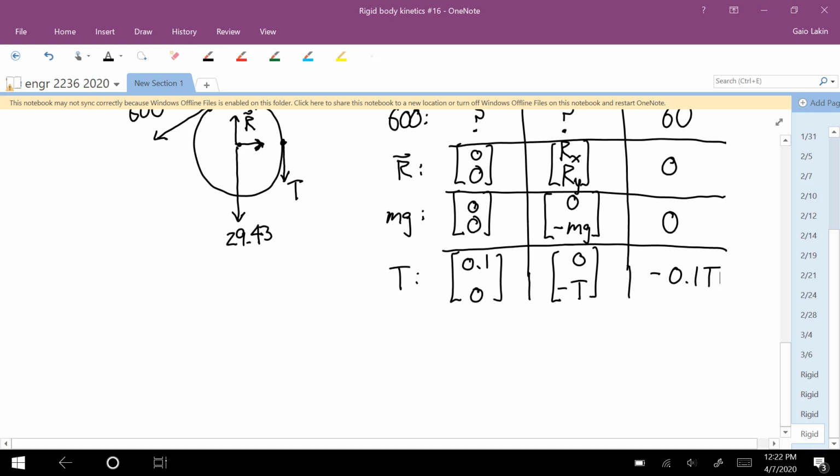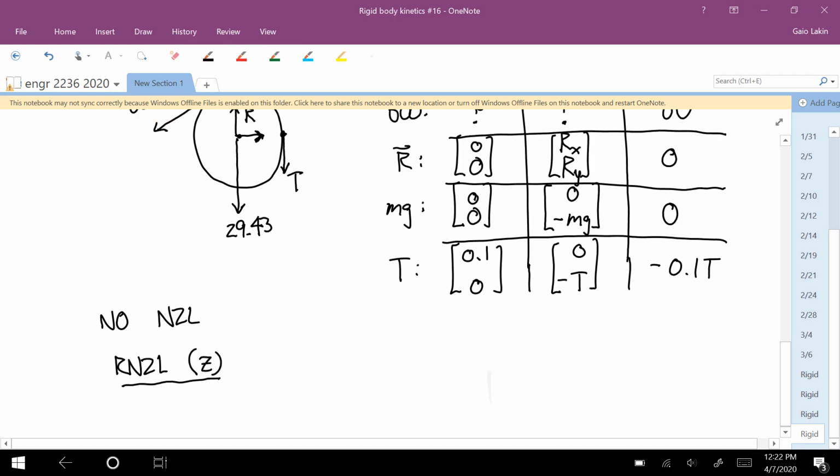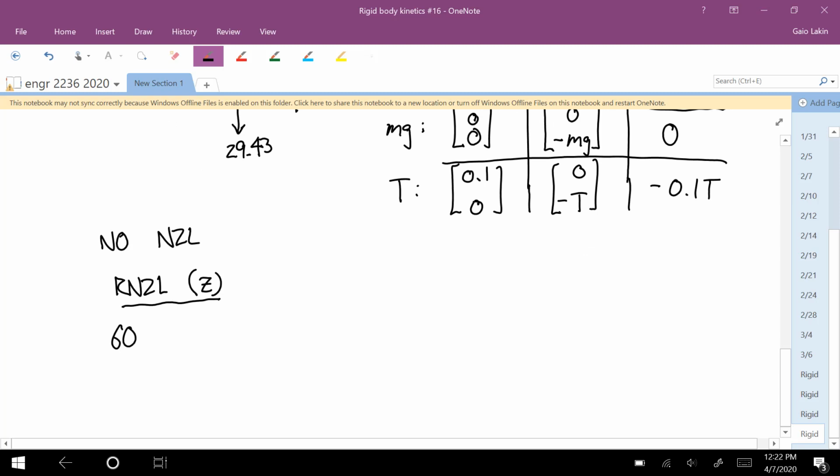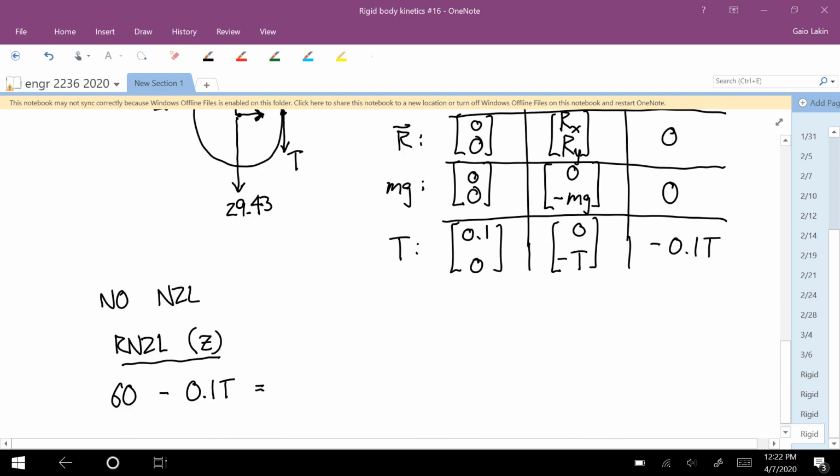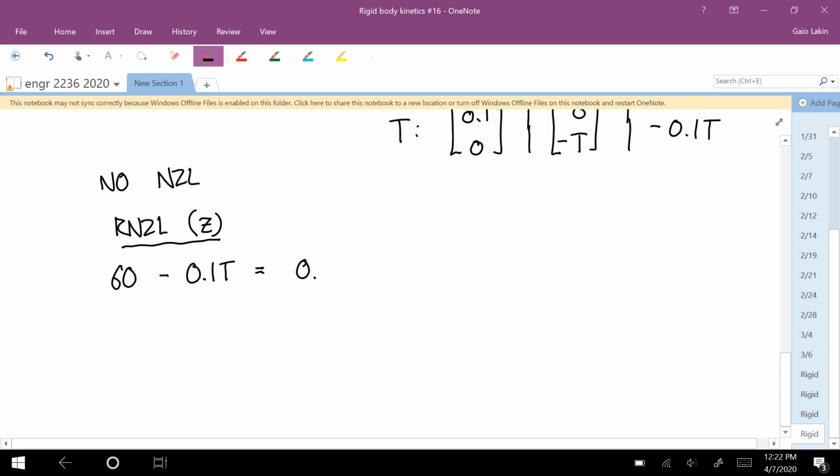Okay, no Newton's second law. And so we'll go straight to rotational Newton's second law, and we're only using the z component. It says 60 minus 0.1 T is equal to the mass moment of inertia times alpha.